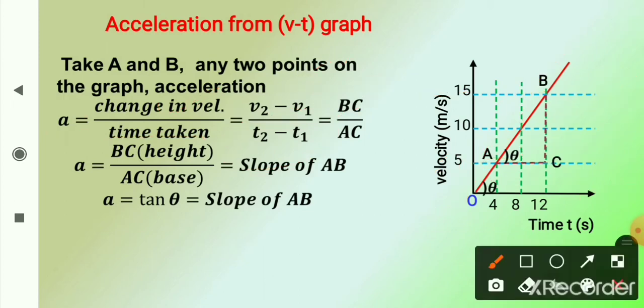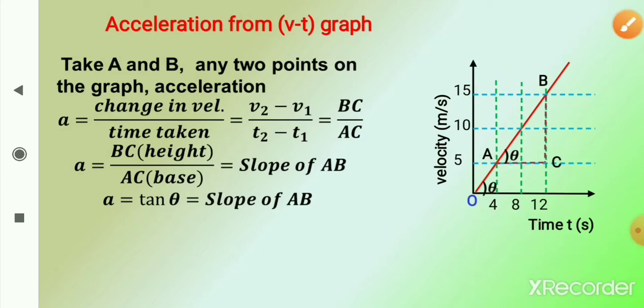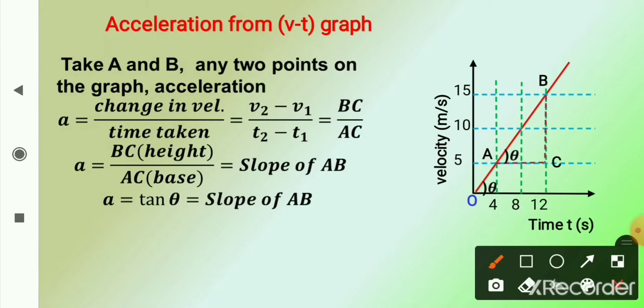Look at it. For this triangle, for this side, the change in time is equal to this 12 minus 4, AC. So for the given triangle, right triangle ABC, this BC upon AC, height upon base, is slope of hypotenuse AB.